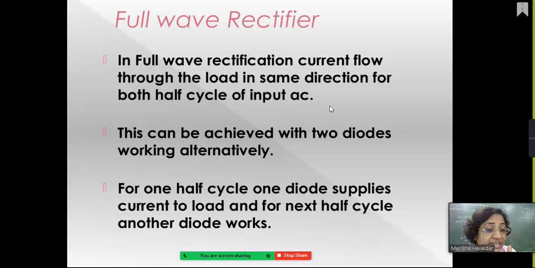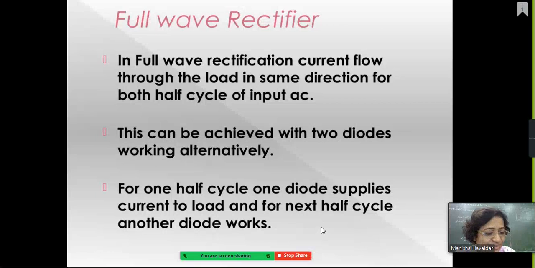Current flows in one direction only. Now this can be achieved with two diodes working alternately. For one half cycle, one diode supplies current to load, and for the next half cycle, another diode works. Okay, see how it works.